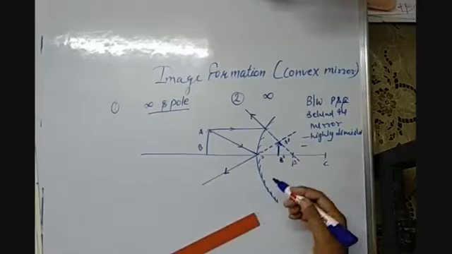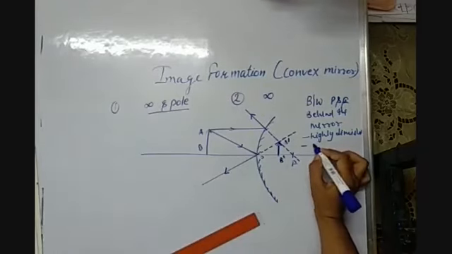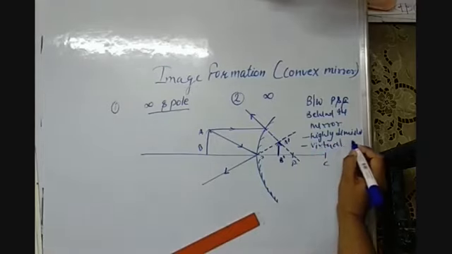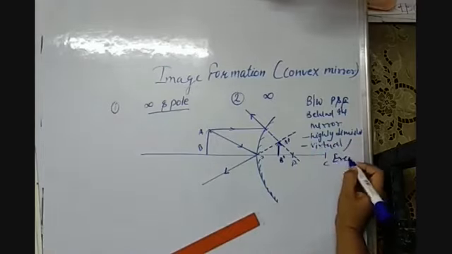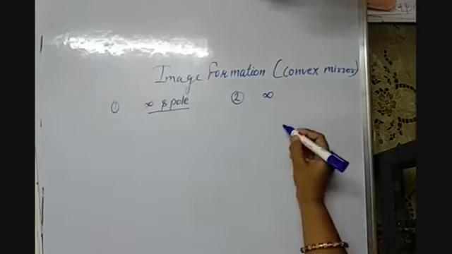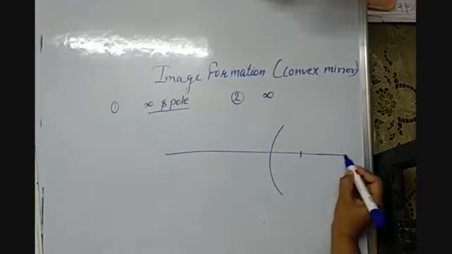We have met them by retracing them behind the mirror. So, virtual and erect. These are the characteristics of an image formed using a convex mirror. The second case is that we have placed the object at infinite distance.